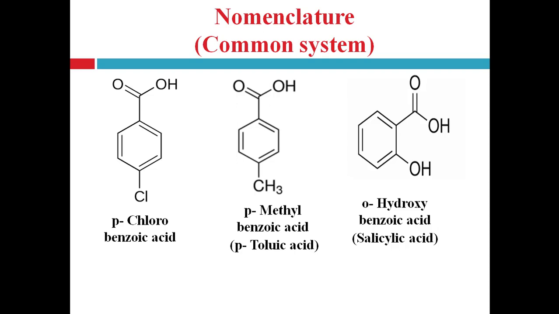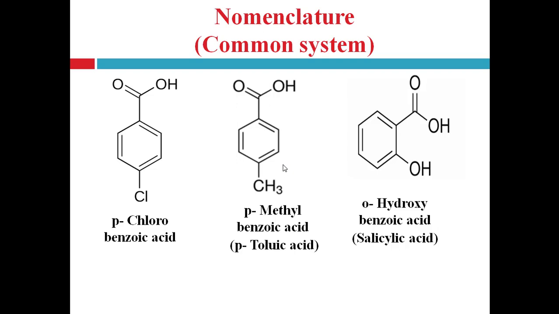For example, methoxybenzoic acid, right? Not methoxy but methyl benzoic acid. As I said, when a carboxylic acid group and a methyl group are present on a benzene ring, then it is known as toluic acid, right?